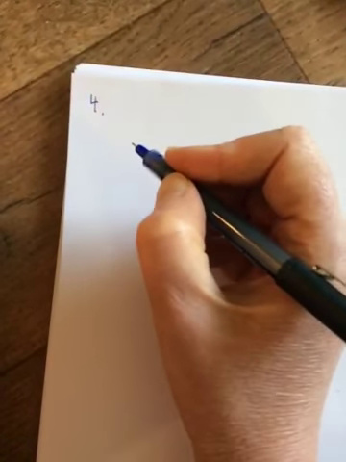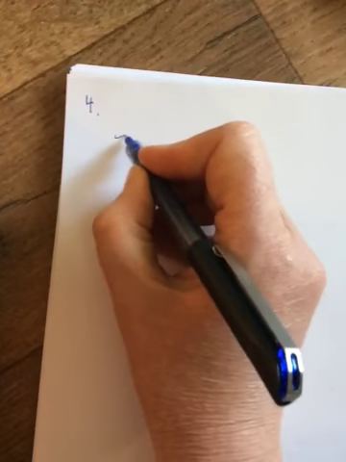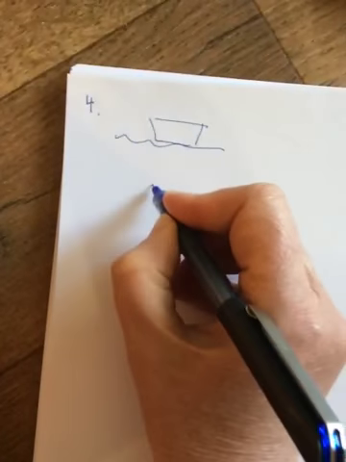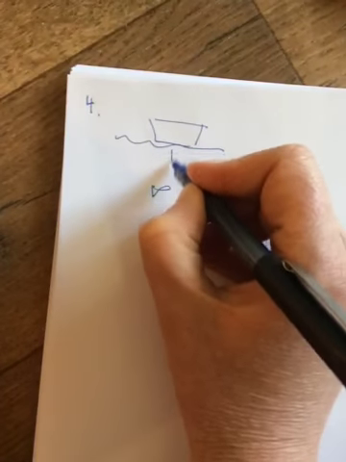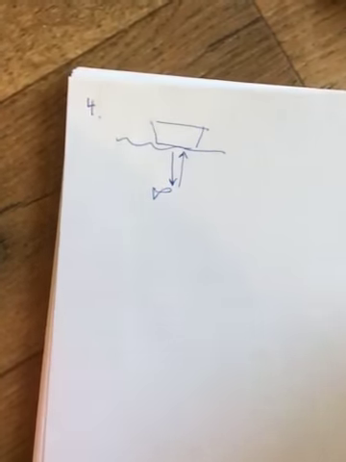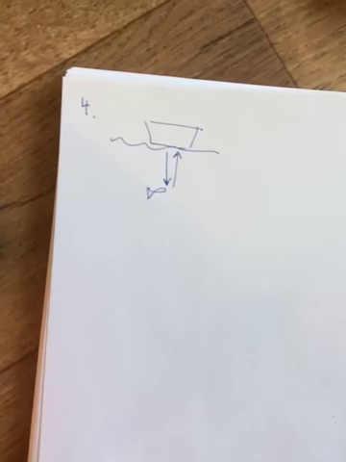All right, number 4. An electronic fish finder uses sound pulses to locate schools of fish by echolocation. Right, so here's your boat again, and the little fishy dudes are down here. So it sends a sound pulse down, and the pulse comes back. What would be the time delay between the emission of a sound pulse and the reception?